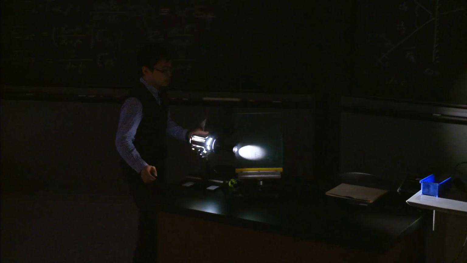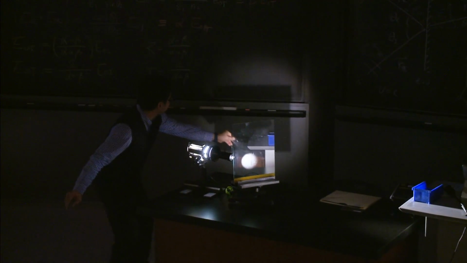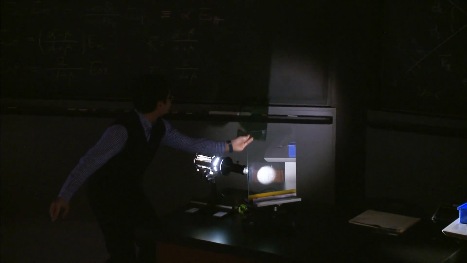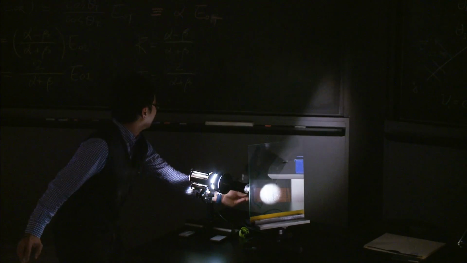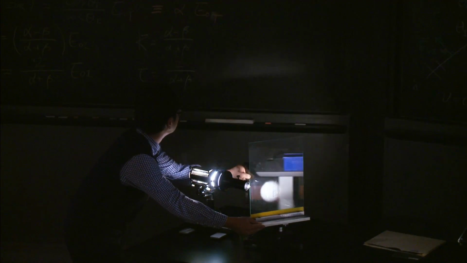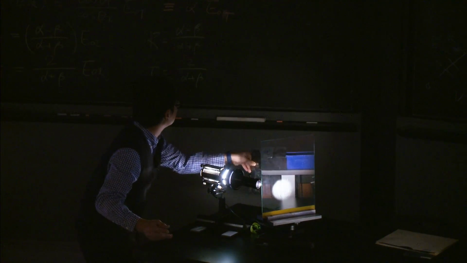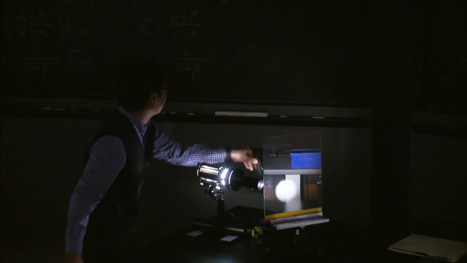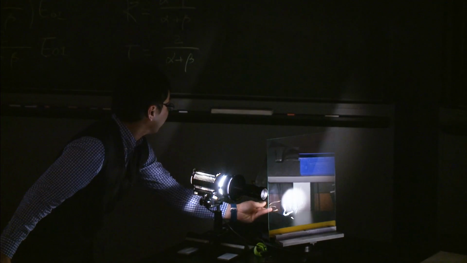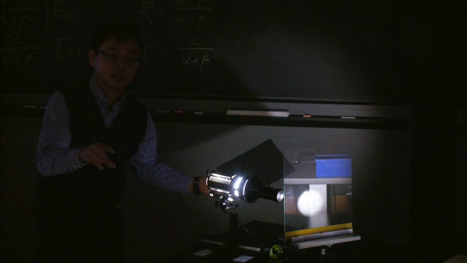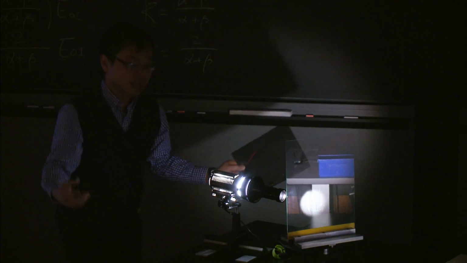Now if I have some random angle and I have a polarizer here, I hope you can see it, the polarizer cannot eliminate all the light. So basically, no matter what direction, I will not be able to eliminate all the refracted light. This means there's some mixture of all kinds of different polarization.